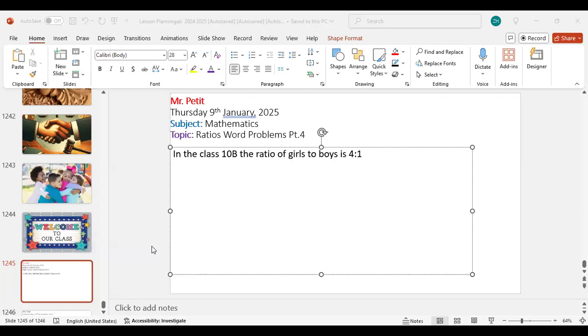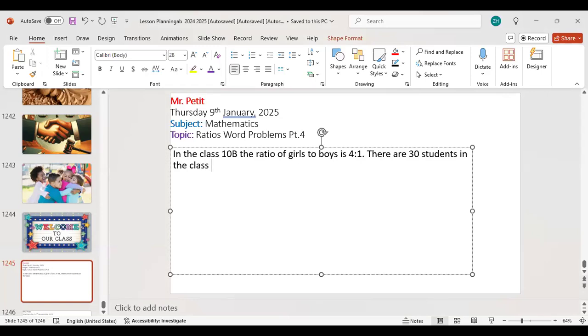All right, good. So in class 10B, the ratio of girls to boys is 4 to 1, which means that there are more girls than boys. There are 30 students in the class. Write this down for me, please. There are 30 students in the class.